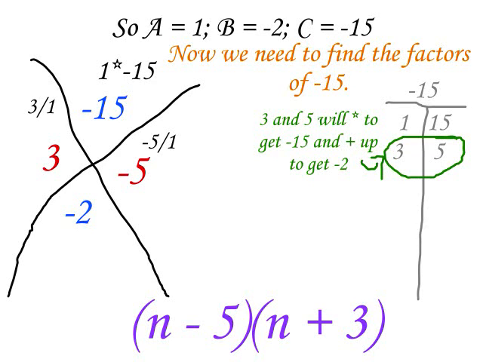So you put 3 and -5 in the side spaces, and then you divide them by 1. 3 divided by 1 is just 3, and -5 divided by 1 is -5. So in our parentheses, we're going to have (n - 5)(n + 3). And that's pretty much it. It's really simple.